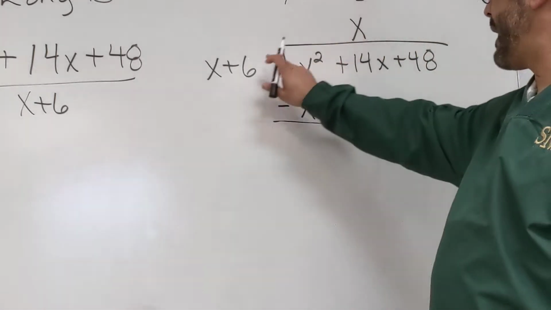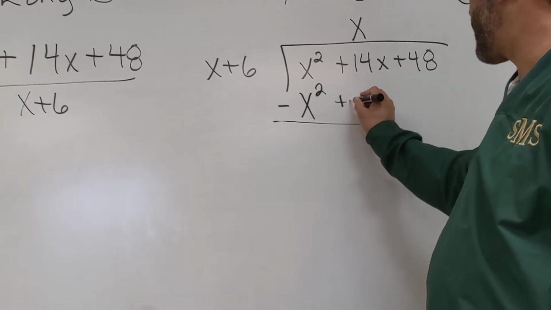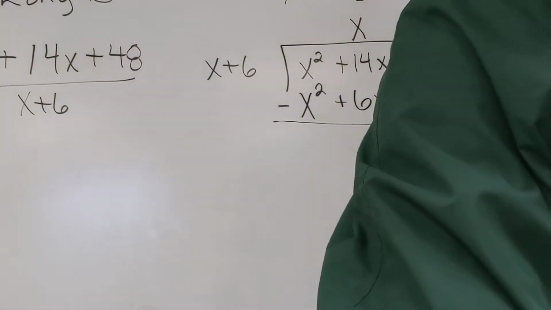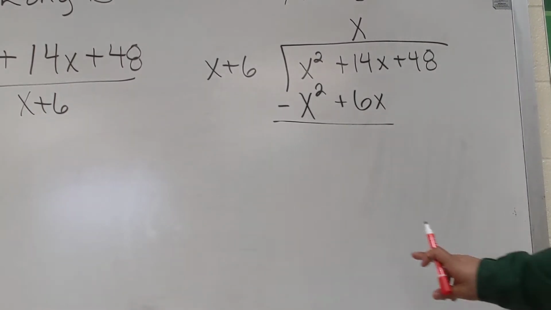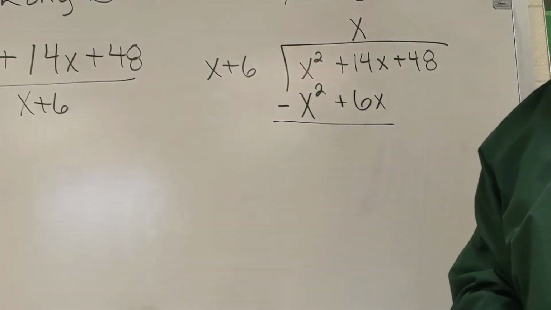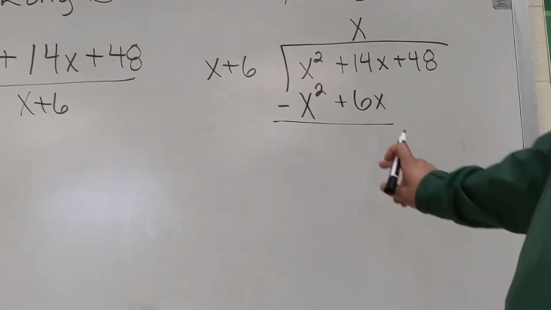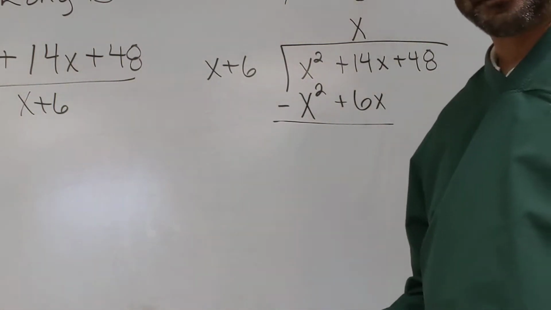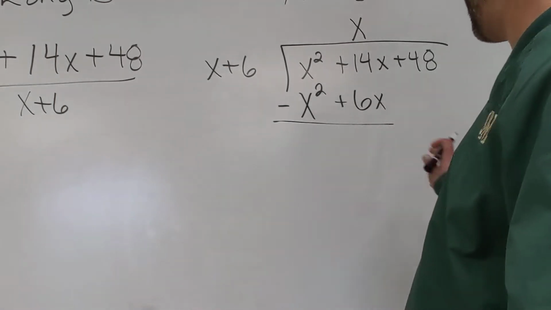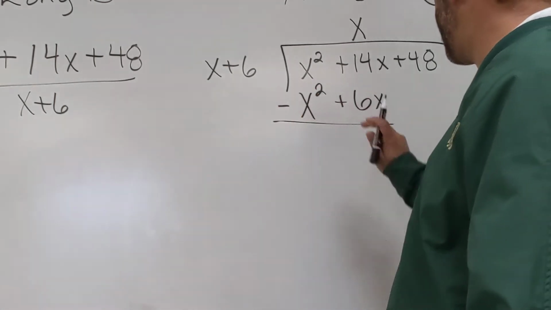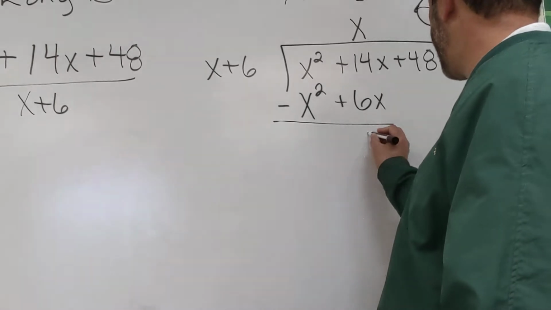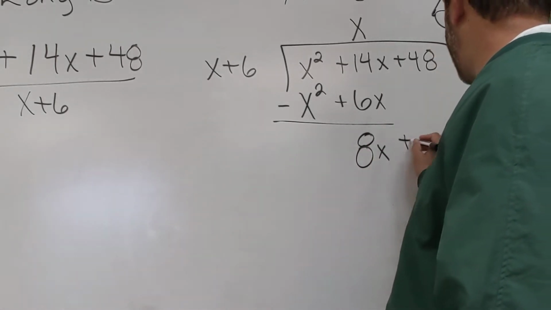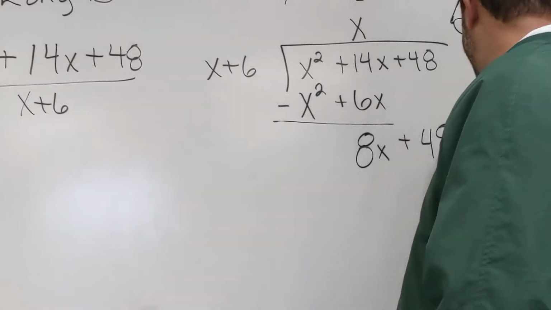And then I have x times 6, so that's going to give me plus 6x. All right? So just like I would in regular long division, as you see here, I put my minus sign. So I now subtract. So I have x squared minus x squared. That's going to be 0. And those terms are going to be eliminated. So then I have 14x minus 6x is going to give me 8x. And then I bring down the plus 48.